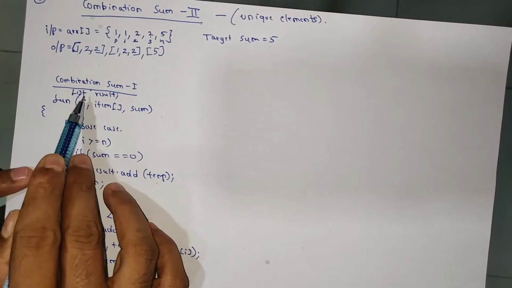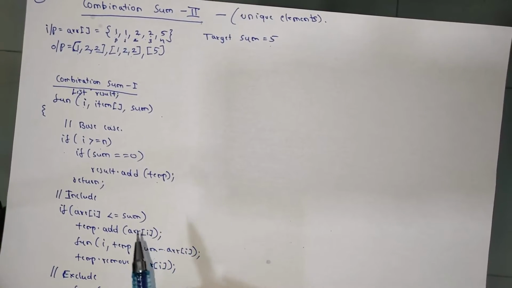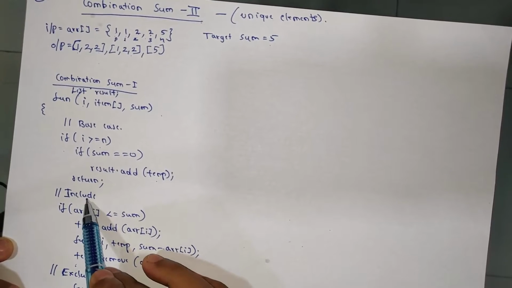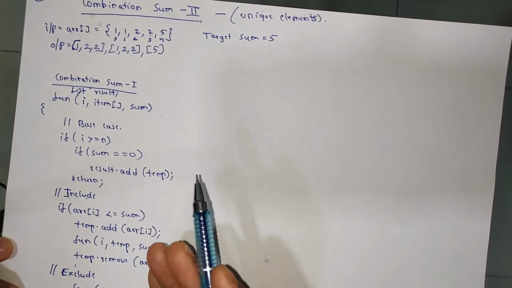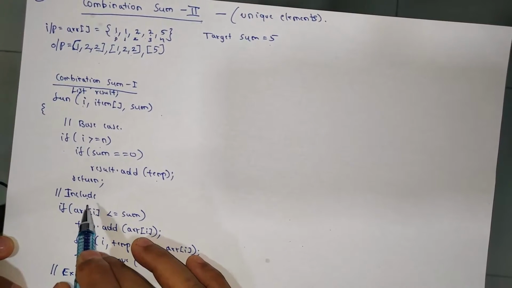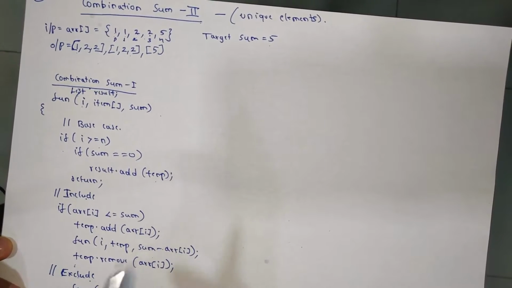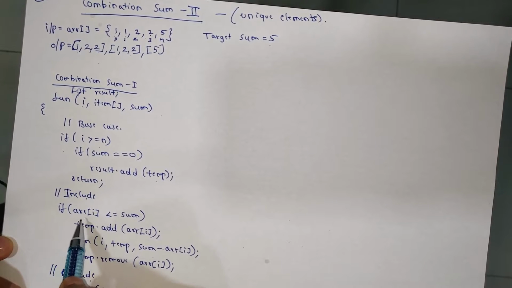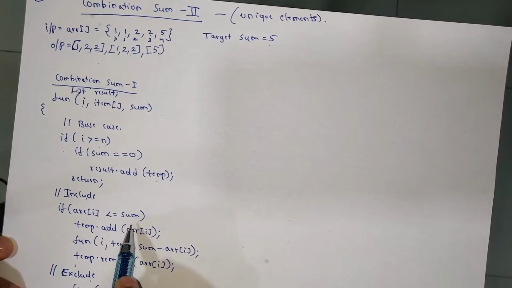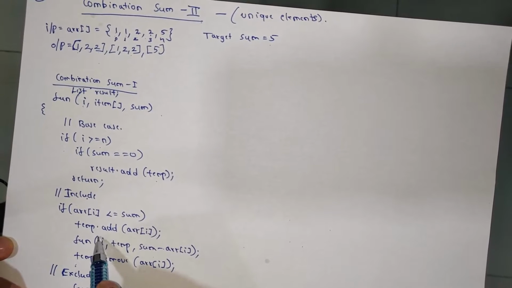So I am adding the temp value to my result set, and we have two conditions in the logic section. First, we can either include the element at the ith index, or we can exclude the element at the ith index. If I am trying to include the element at the ith index, I am saying if and only if the element is smaller than the desired sum, I am adding it to temp with temp.add.